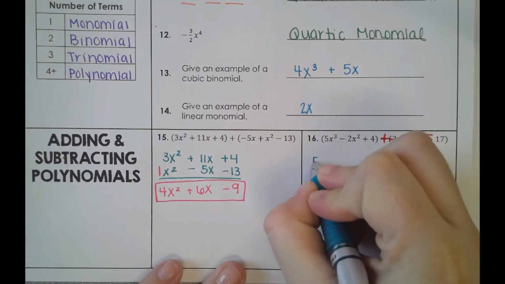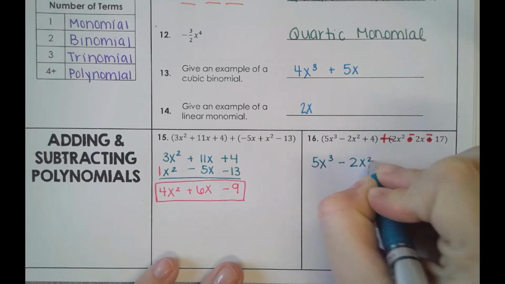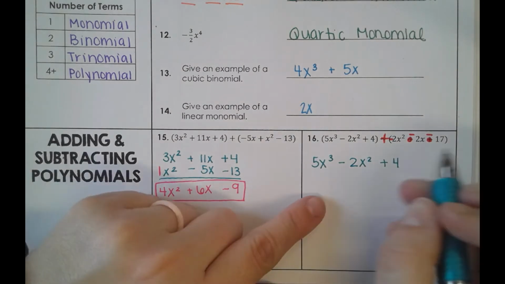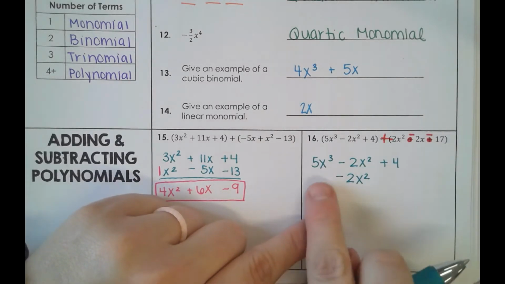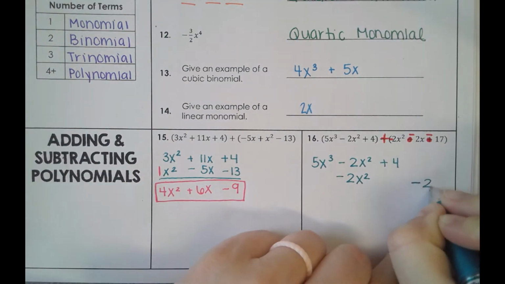So I have 5x cubed minus 2x squared plus 4. That's my first one. So then my second one is a negative 2x squared. Then I have a minus 2x. I don't have any like terms, so we write it out here to the side.